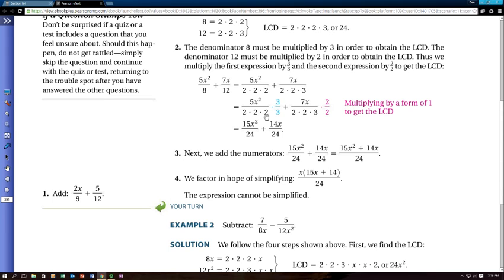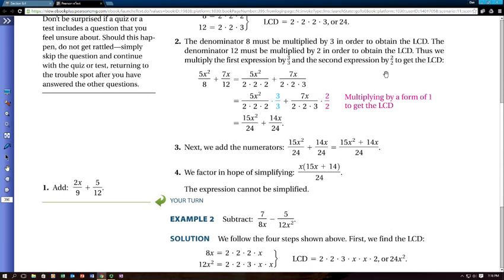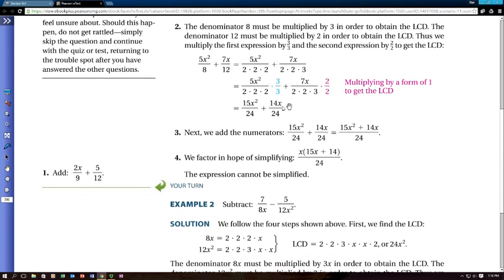Well, this one has 2, 2, and 2. I need a 3. So I make a fraction with that missing prime factor, the same numerator and denominator, that's equal to 1. Well, here I've got a 2, 2, and a 3. I'm missing a 2. And that's what they want you to see basically in this simpler example.